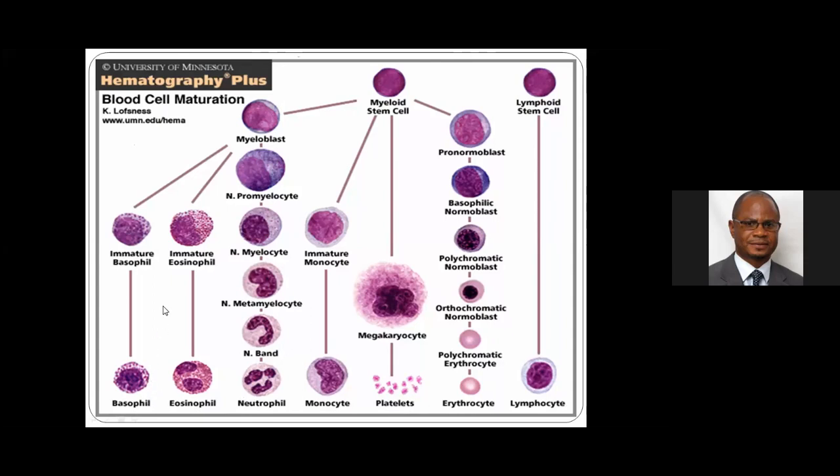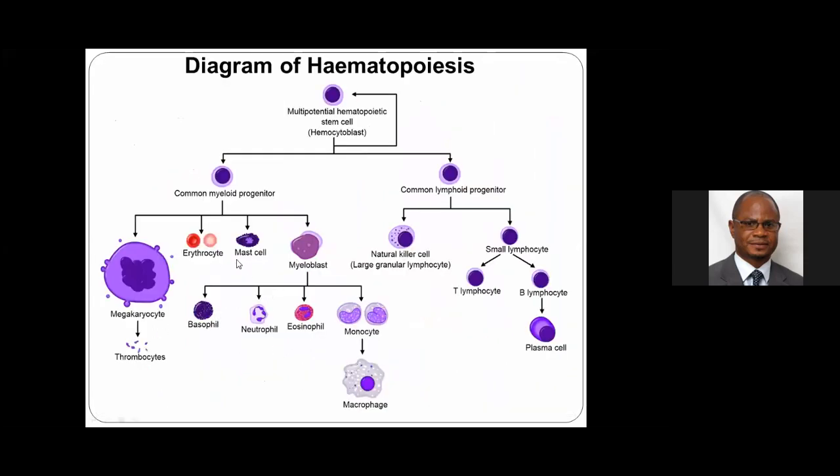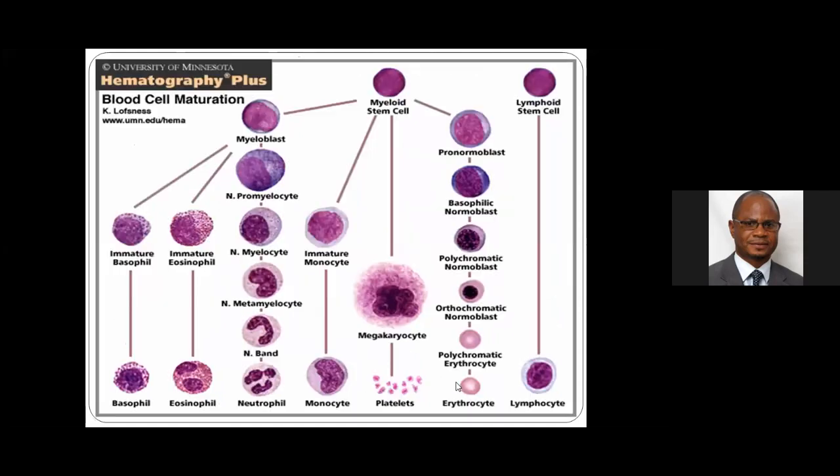But sometimes you just draw them. If you go back here, we just say myeloblast, eosinophil. But from myeloblast to eosinophil, there are quite a number of stages of development before you get there. So here the same way, and then you get to the megakaryocyte, which is a matured end cell, that breaks into the smaller platelet.